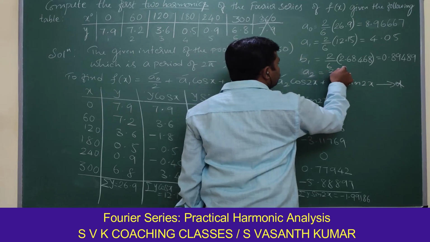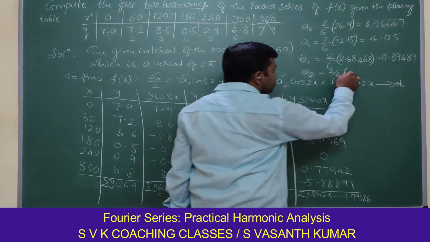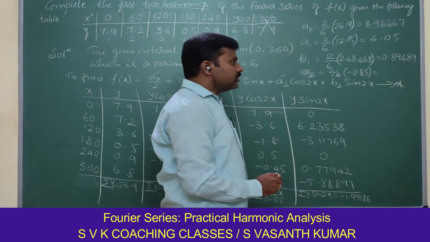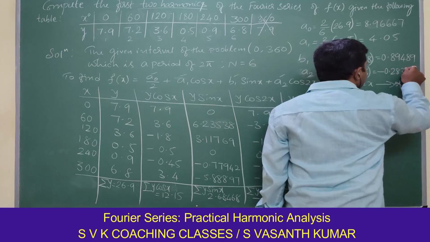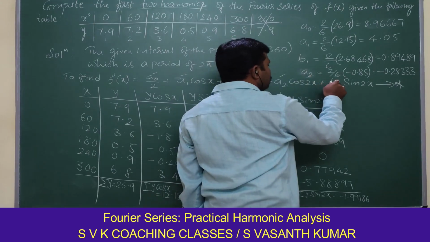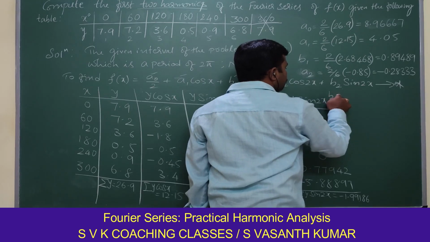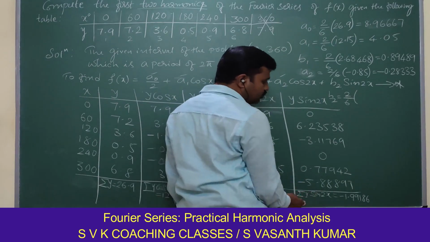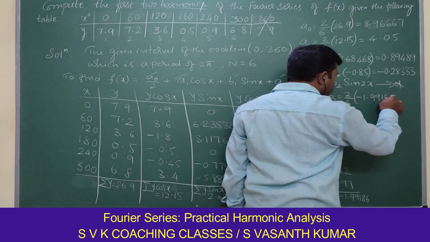Now I want to find finally A2 and B2. A2 is given by again 2 by 6 times summation y cos 2x. It is minus 0.85. Simplify this and you get A2 value, minus 0.28333. To find the B2 value, B2 equal to 2 by 6 times summation of y sin 2x, which is minus 1.99186.